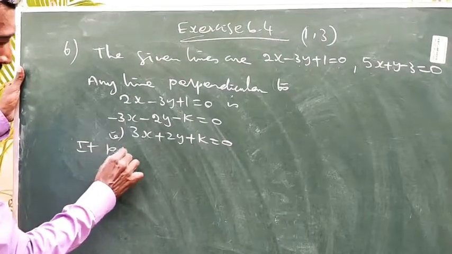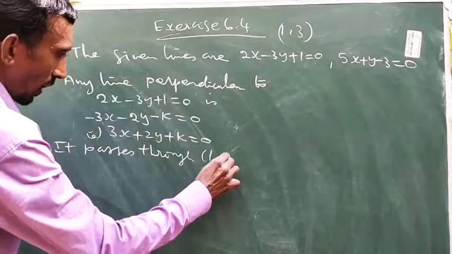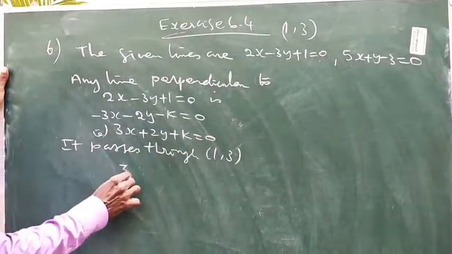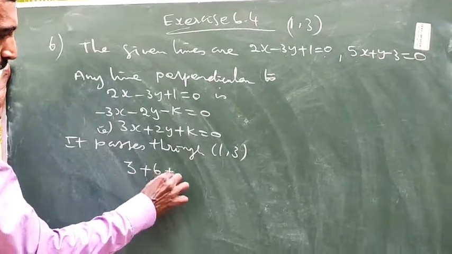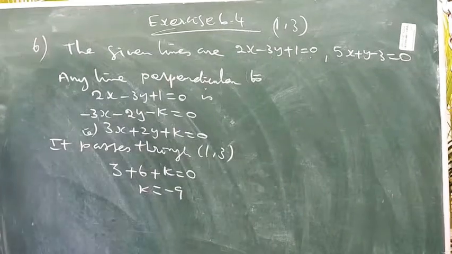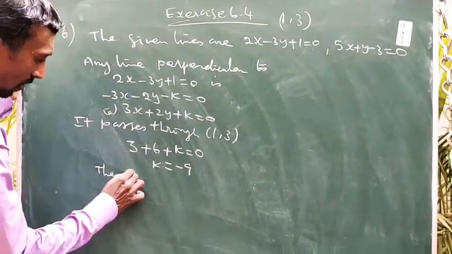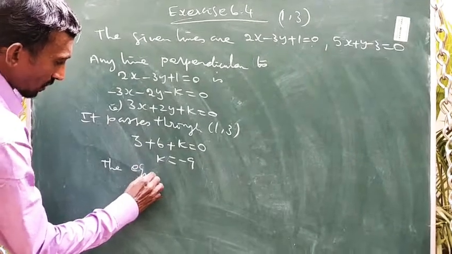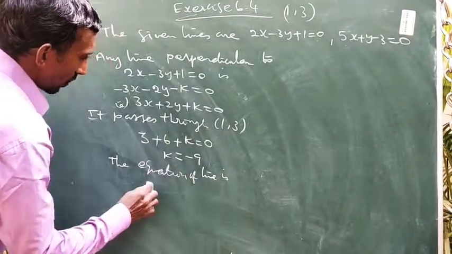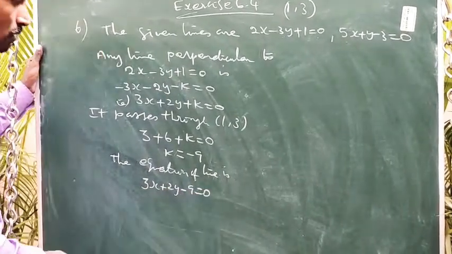It passes through (1, 3), so to eliminate this k, use this point. So 3 plus 6 plus k equal to 0. So k equals minus 9. Therefore, the equation of the line is 3x plus 2y minus 9 equal to 0.